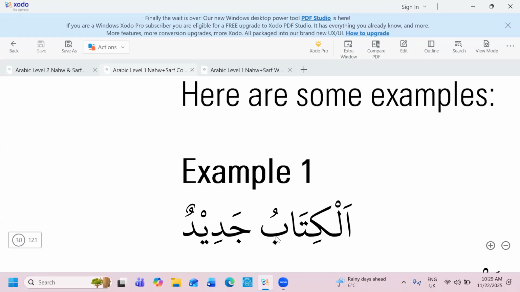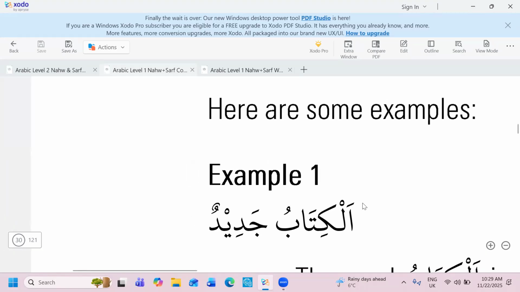So add a tanween, or you don't have an al. Sometimes a word may not have a tanween at the end, right? You just need to make sure that it doesn't have what? An al. Just make sure you don't put an al on it. Okay. I'll go through exceptions at the end, but that's the general rule.